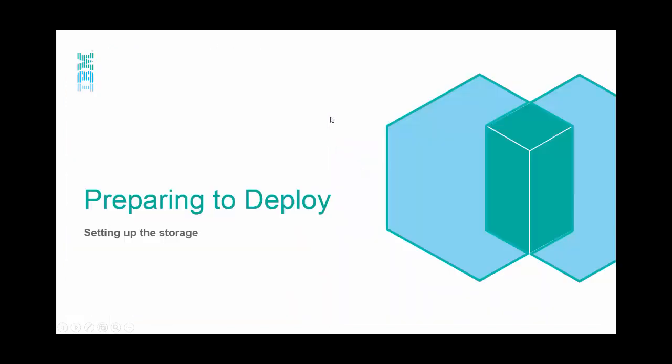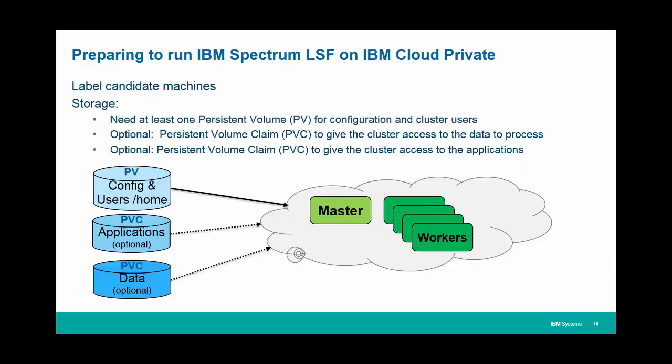So let's talk about the preparation to deploy LSF Suite on our IBM Cloud Private environment. There are two things that we have to do. One, we have to label the candidate machines. So that means we're dropping down to the command line and running a few commands. The other thing that we need to do is prepare the storage.